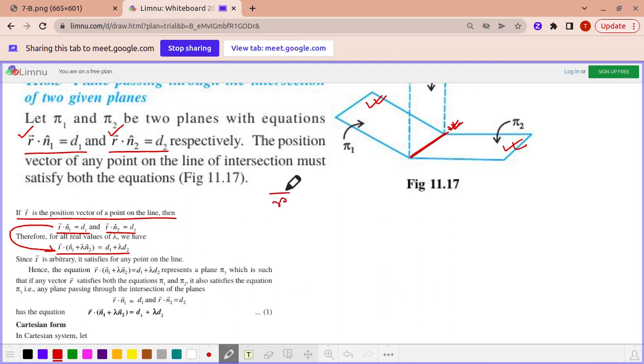We know the standard equation is r vector dot n cap equal to d. But here, instead of n cap, if we write n vector, that is also fine.